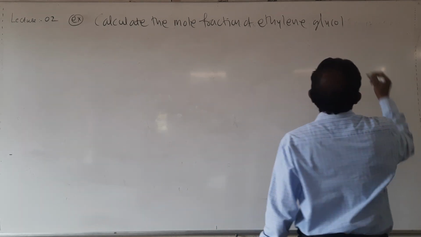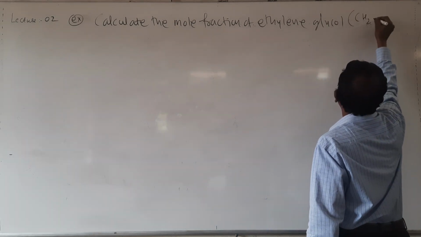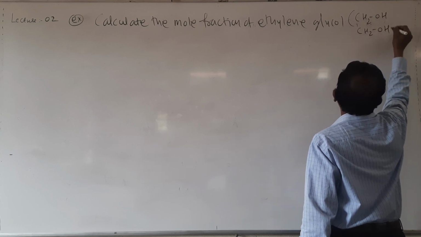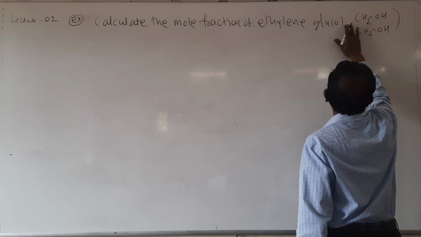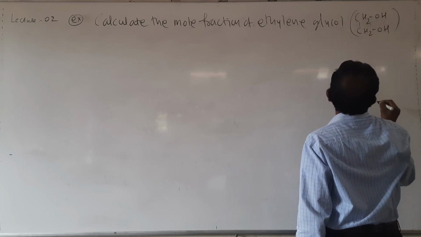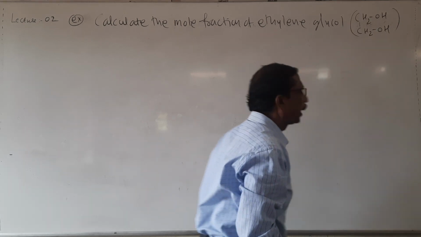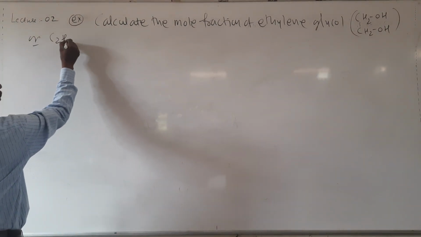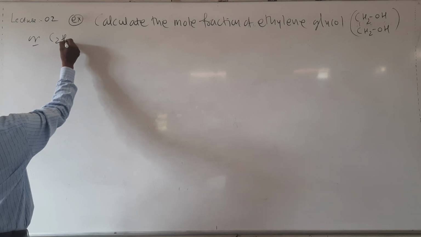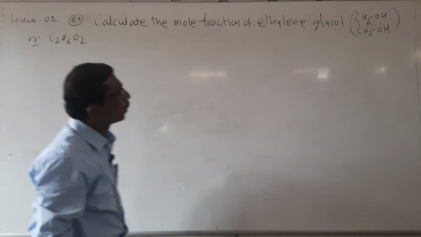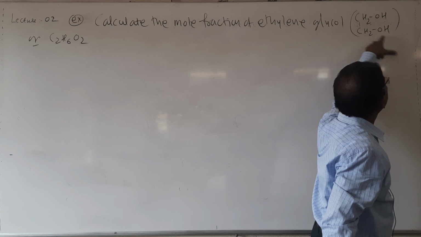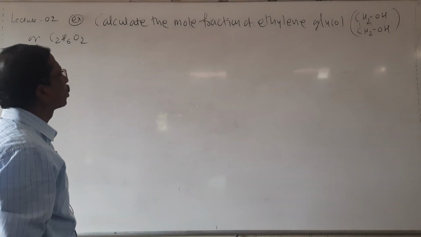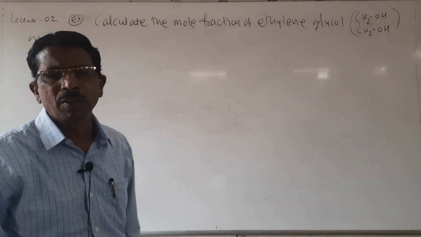Look here students, its formula is CH2OH, or it may also be written like this, C2H6O2. So, here the problem is to calculate the mole fraction of ethylene glycol.